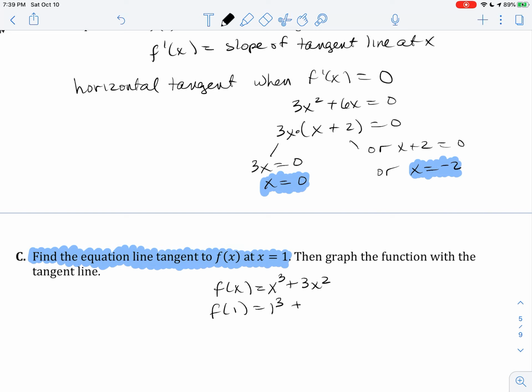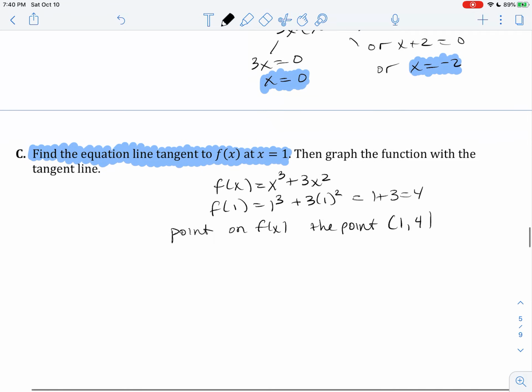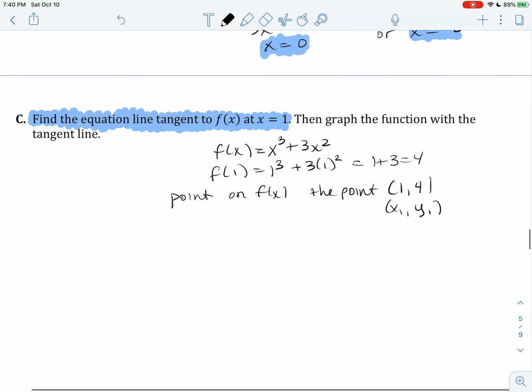We know that f of 1 is going to be 1 cubed plus 3 times 1 squared, which is 1 plus 3, which is 4. So our point on f of x is the point 1, 4, and we want that to be our x1, y1 on our tangent line.